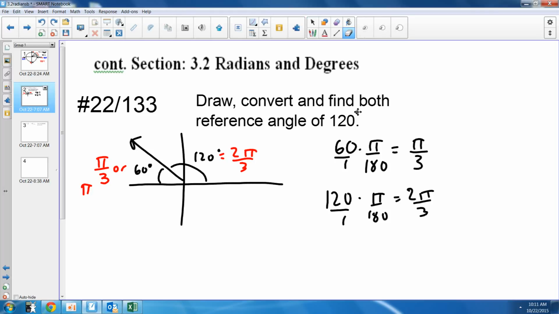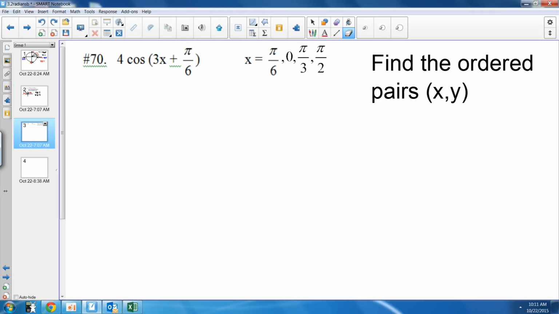The second type of problem, however, is going to take a little bit longer, and it involves finding points to an equation. If I look at this problem, and I say, for number 70, I'm just going to add y equals 4 cosine of 3x plus pi over 6. Remember, this is 1 unit.